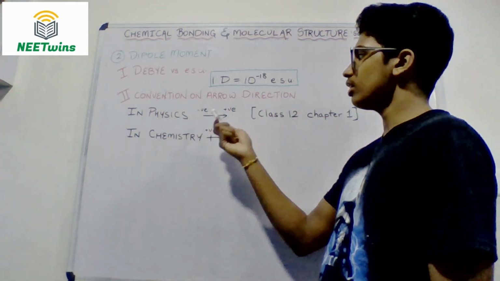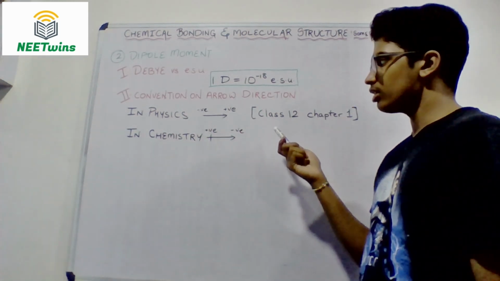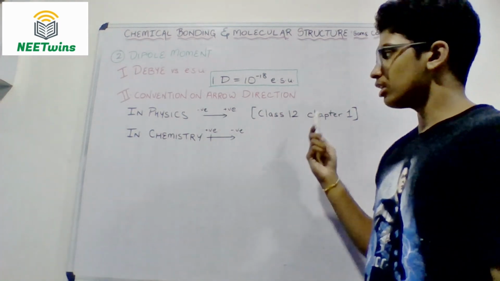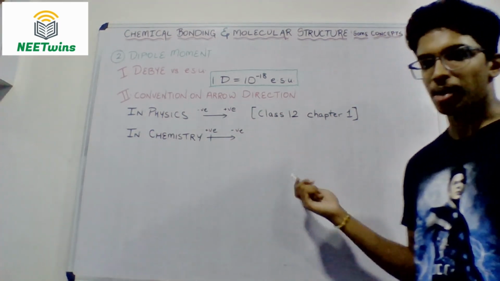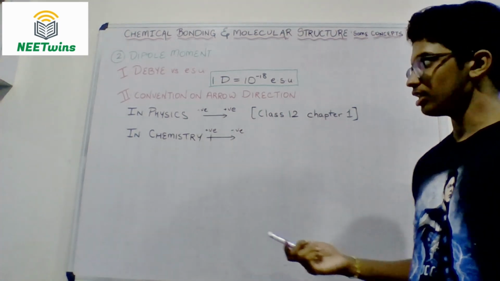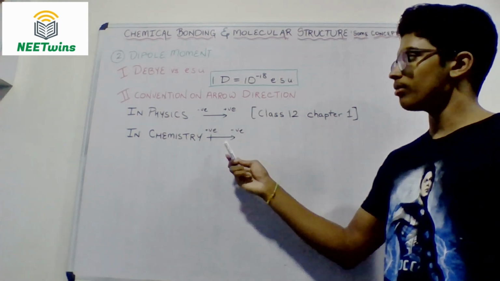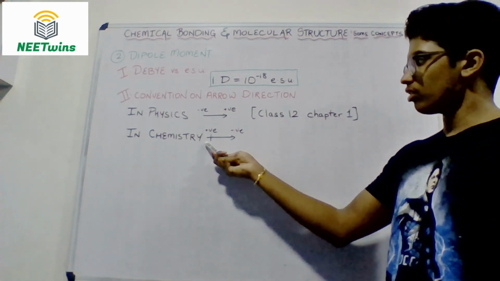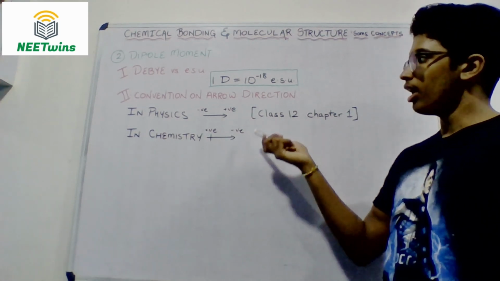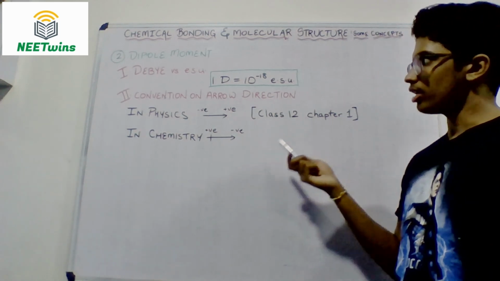But in physics, the arrow is from negative to positive, and that's simply a convention that we use while representing dipole moments, as you will learn in class 12, the first chapter, that is electric charges and fields, in which the concept of dipole moment is introduced in physics. So in order to avoid confusion, you just remember the chemistry logic that electrons are moving towards the more electronegative element, so the arrow is towards the negative. And in physics, it's the opposite of it. So that's all about dipole moment.